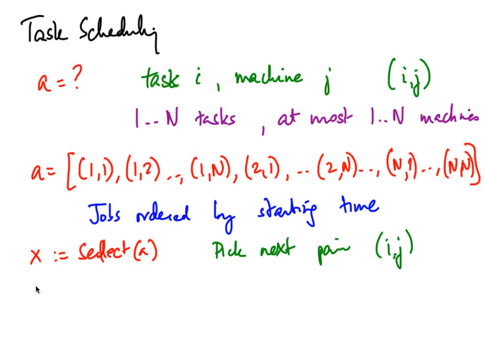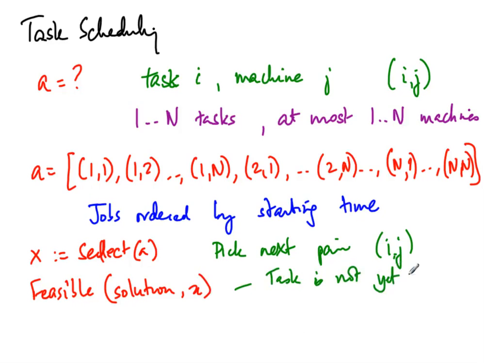Now a pair is feasible, so I can add this pair, if, one, the task I is not yet scheduled. There's no point in scheduling the same task twice, so it has not been allocated to a machine. And two, machine J is idle.